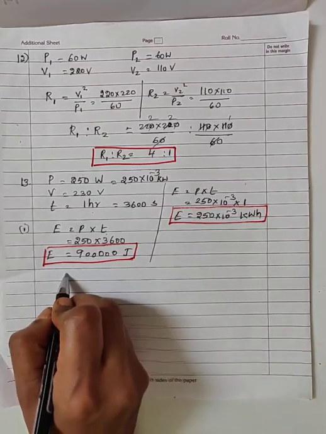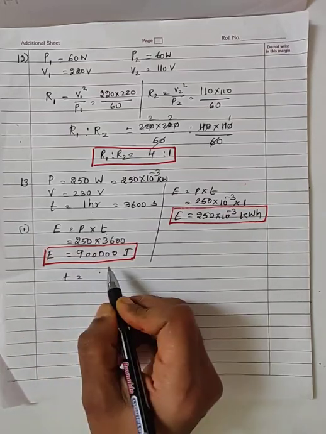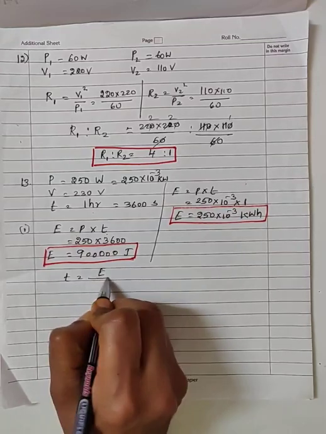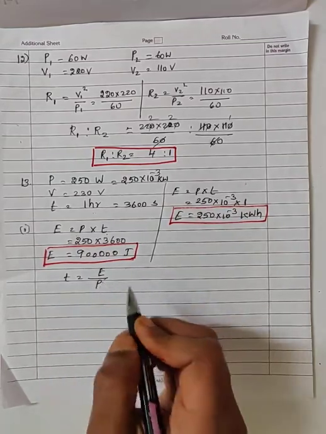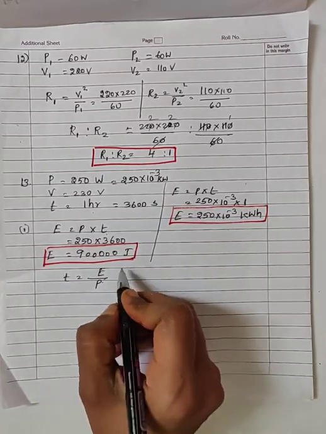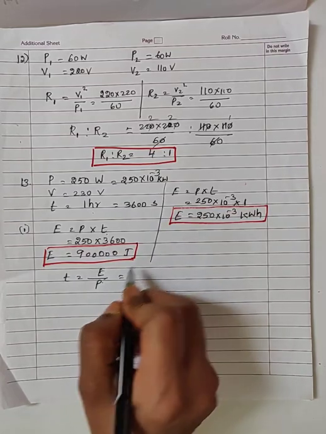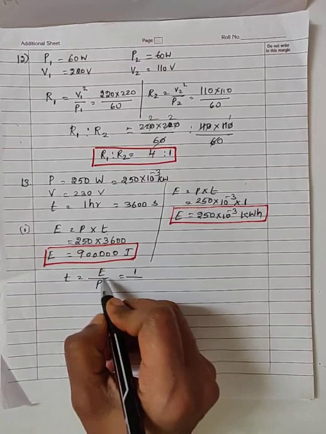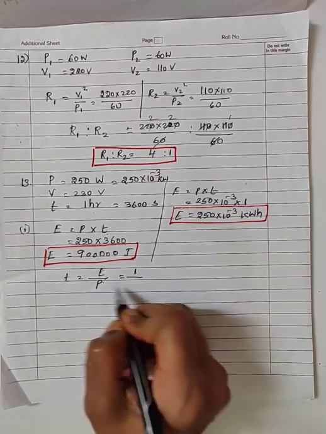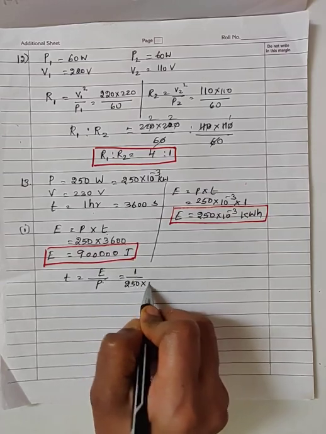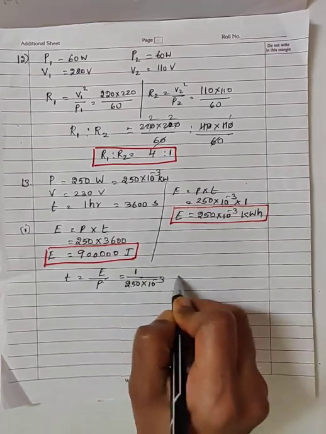Yes. So, the relation connecting energy, power and time is, time T is equal to energy by power. Energy is given as 1 kilowatt hour. So 1. Then if you substitute energy in kilowatt hour, we have to substitute power in kilowatt, 250 into 10 power minus 3.